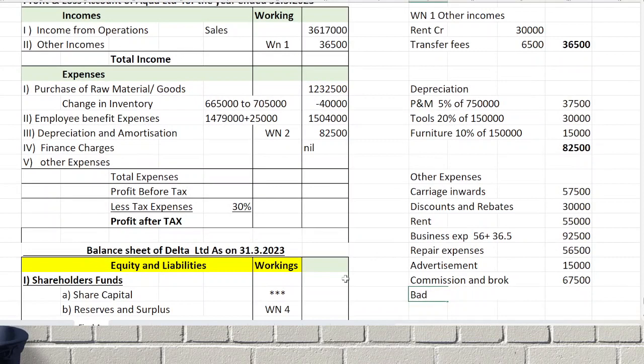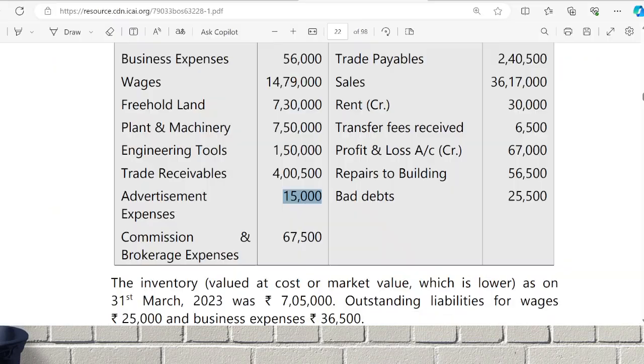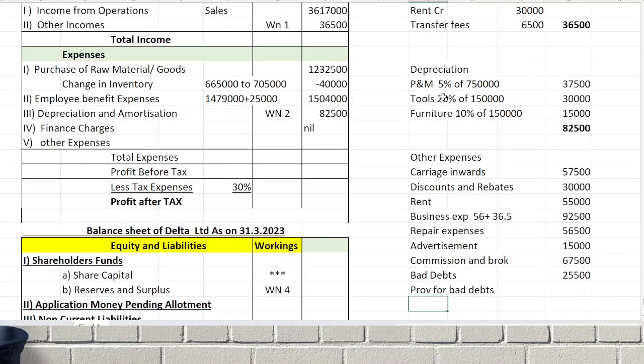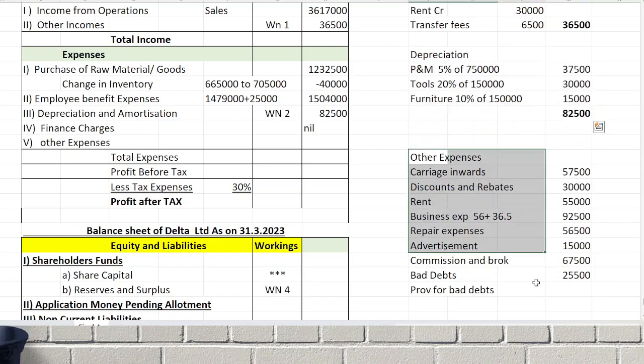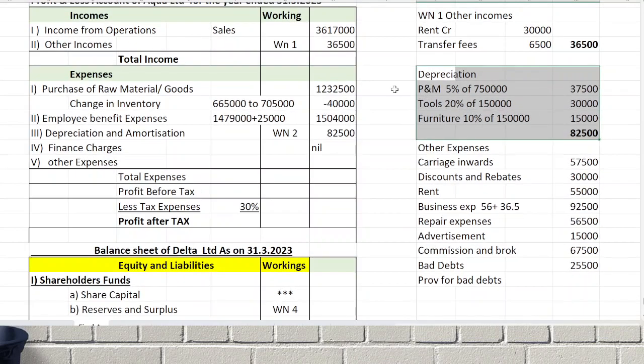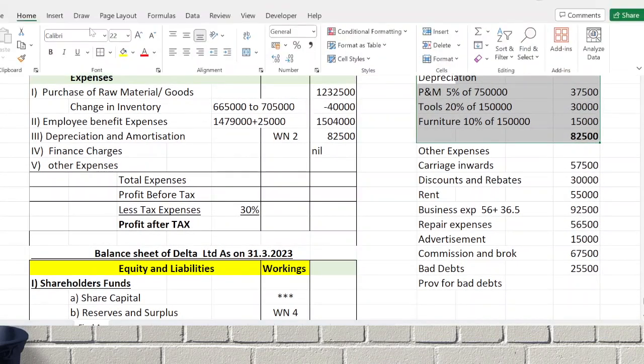Then bad debts. We have given bad debts on the second side, 25,500. Then provision for bad debts is given in the adjustment. How much have they given for provision for bad debts? Amount or percentage? The amount itself is given, take that. What is the amount given? 25,000.